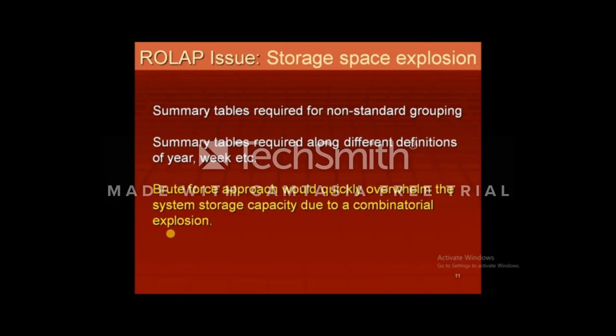But if the number of dimensions grows to 20, and each dimension has 10 hierarchies, then if we combine two dimensions with hierarchies of 10, we will need 10 into 10, 100 summary tables to combine only two dimensions.